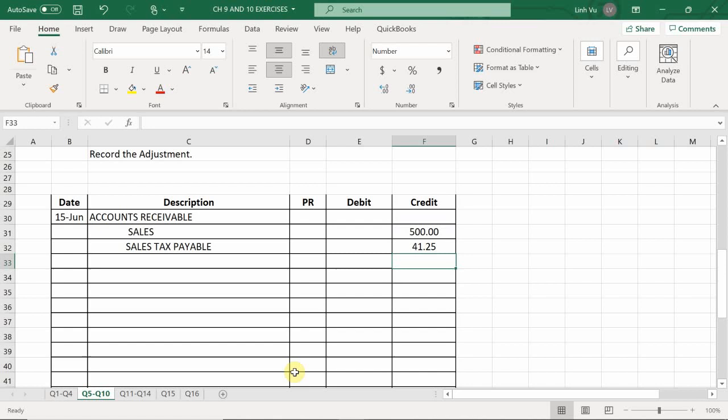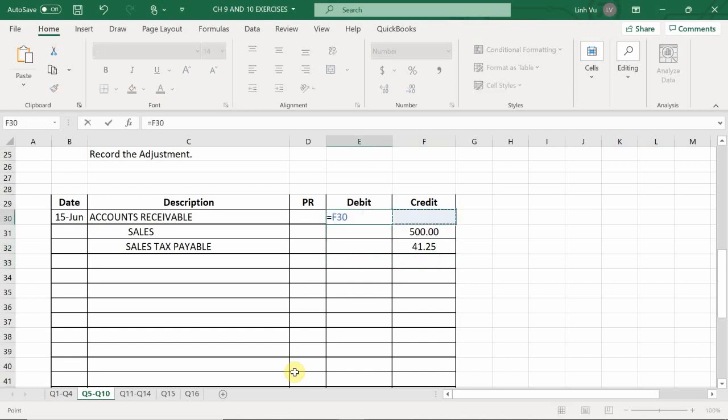That should give me a total of $41.25, to give me a grand total of accounts receivable to be owed of $541.25.